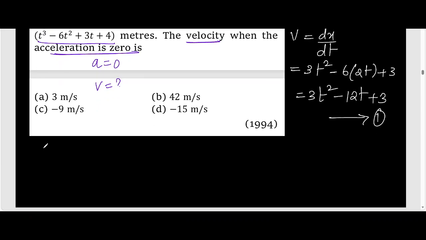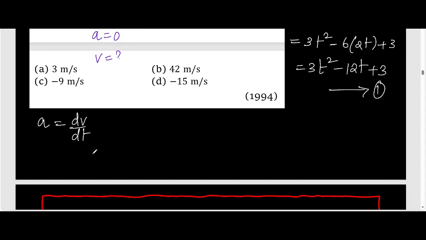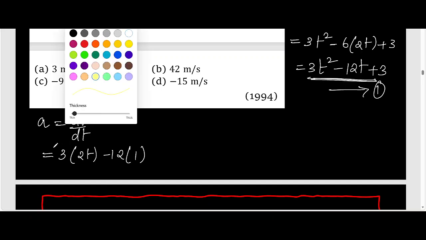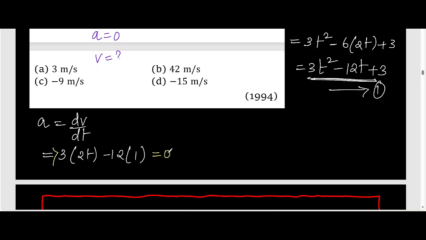What is acceleration? Acceleration is dv by dt, the differentiation of velocity with respect to time. Differentiate this expression for v: 3 into t square gives 2t, minus 12 into t gives 1, and 3 differentiates to 0. The question says this acceleration is 0, so equate it to 0.